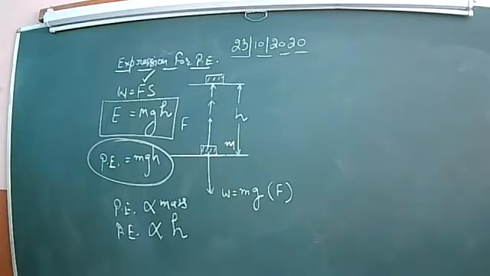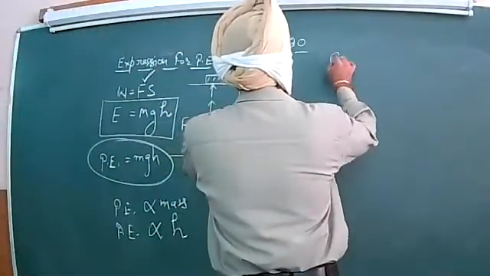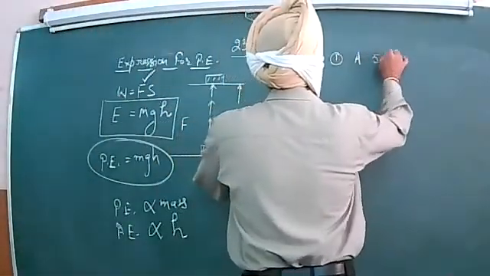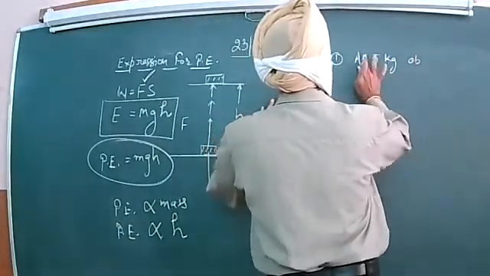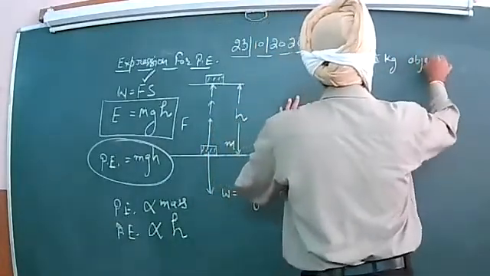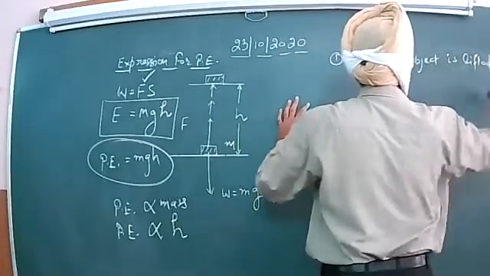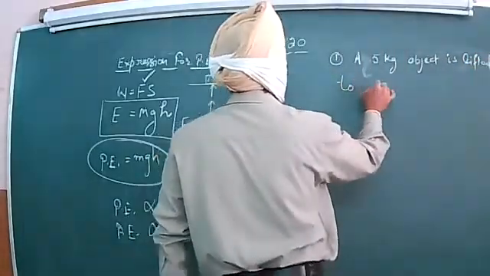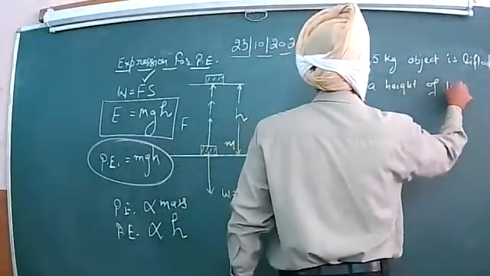Numerical: a 5 kilogram object is lifted to a height of 10 meters.